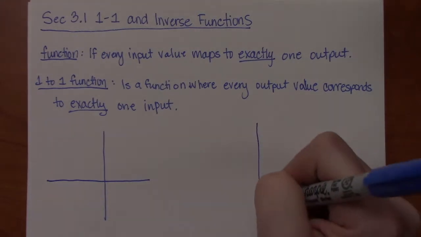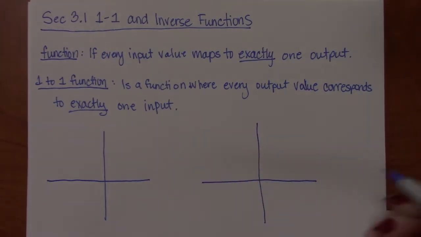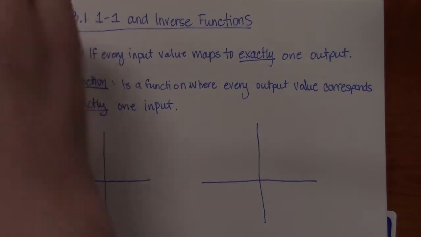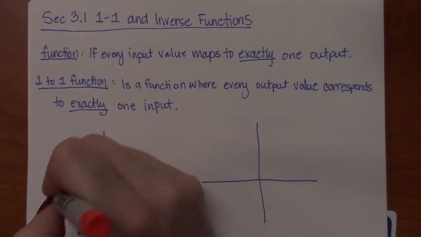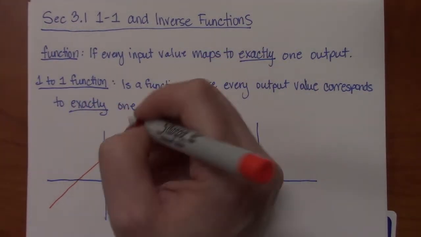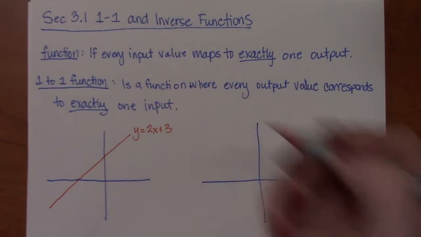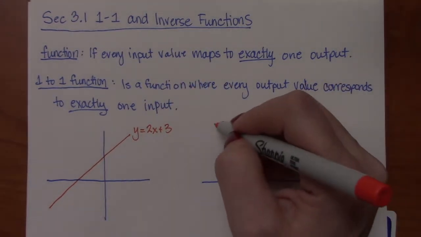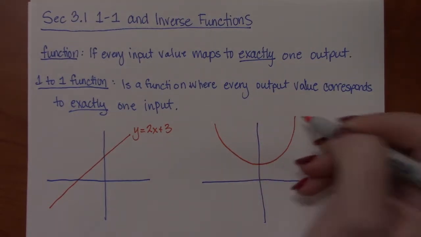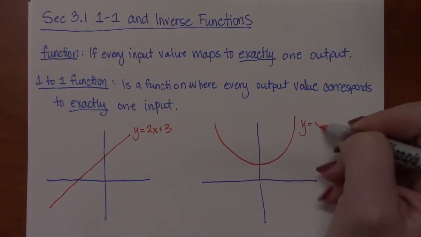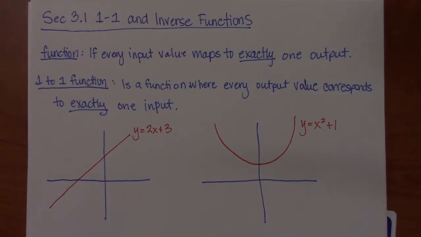So I want to compare these 2 functions. The first is going to be the line y equals 2x plus 3. And the second is going to be the parabola, x squared plus 1.